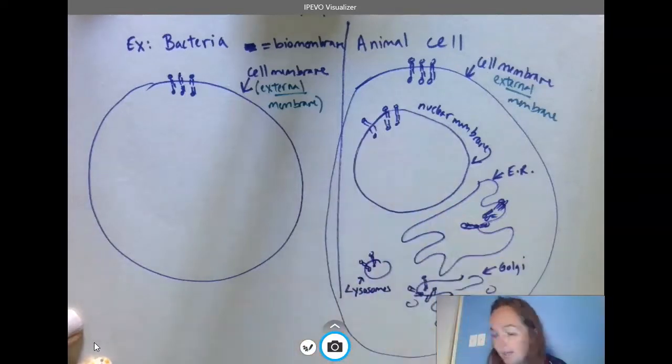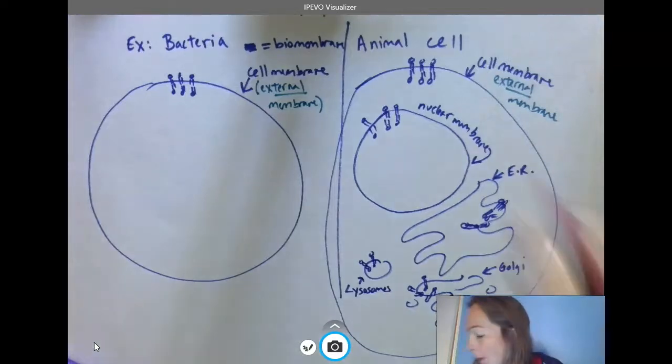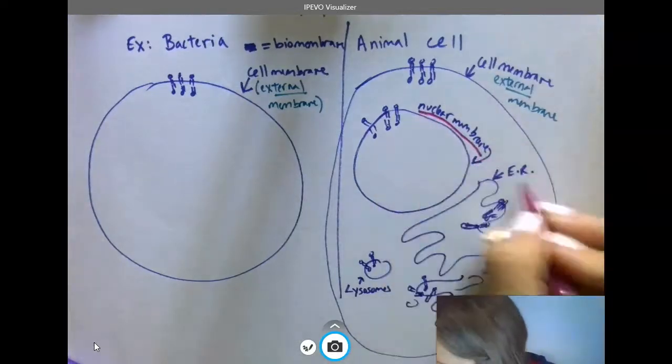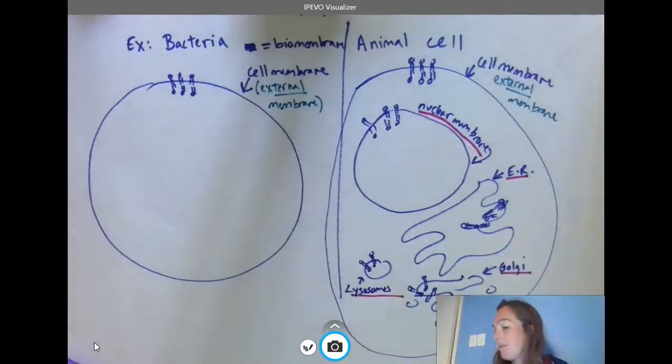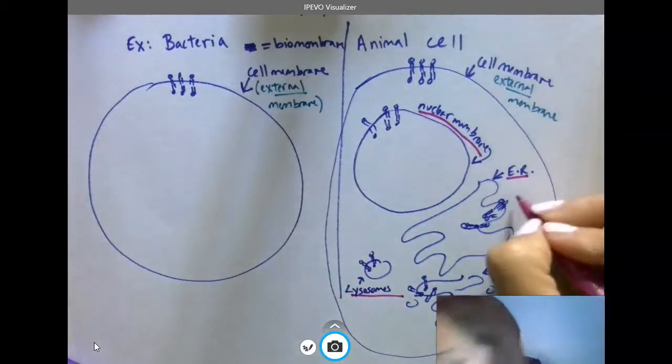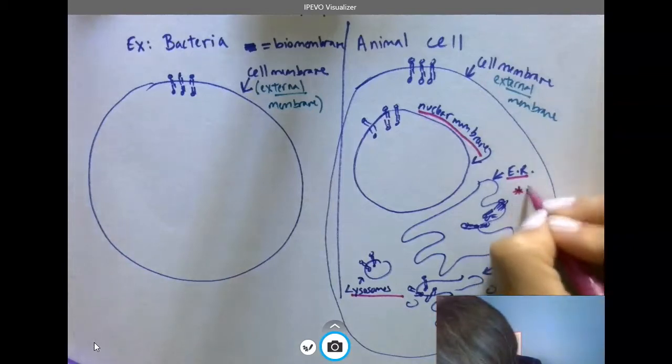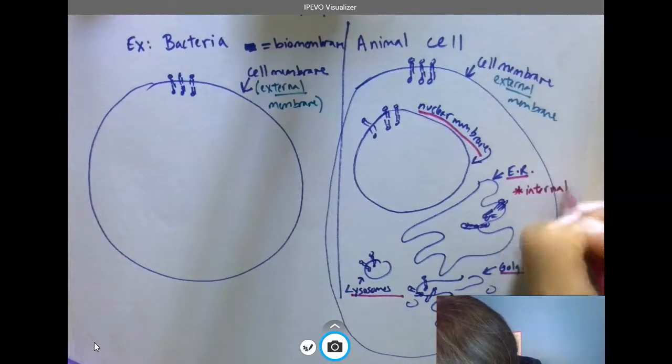So all of these are considered internal membranes, but they're still biomembranes because they are made up of phospholipid bilayers with embedded proteins. So all of those that I underlined in pink, these are internal membranes.